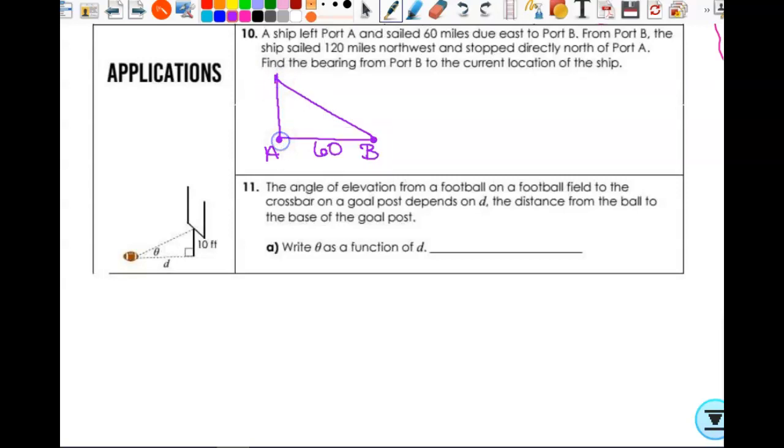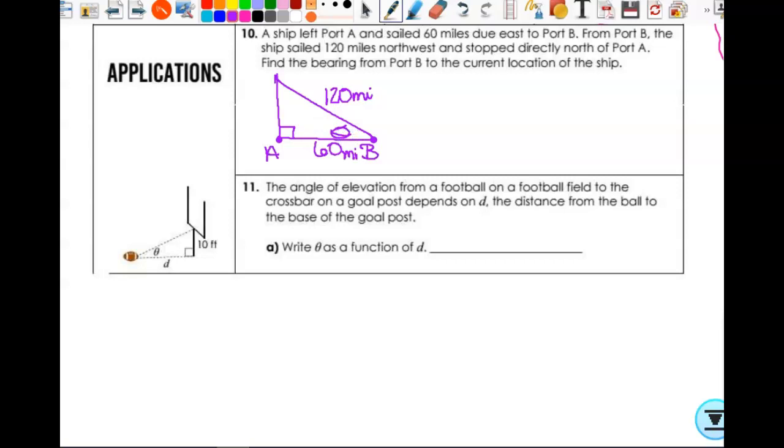So that's going to make this a right triangle. And this is 120 miles. It's asking me for the bearing from port B to the current location. Before I worry about the bearing, I need to figure out the angle in the triangle. This is just right triangle trig, so we don't need to make it any harder than it is.